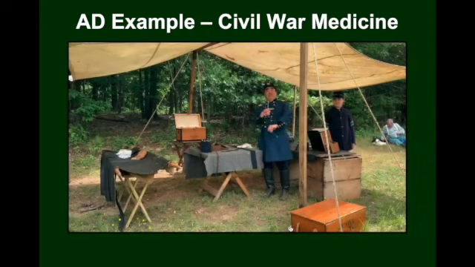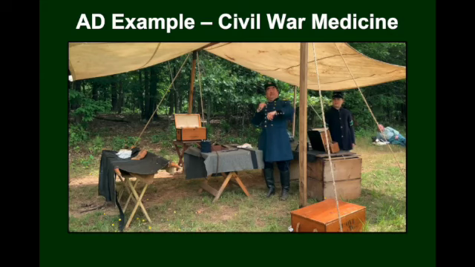So let's say you take a wound to the arm. You would take this Melton's probe, you'd stick it into the wound, and you would feel the trajectory of the bullet until the porcelain tip touched the bullet. And then you'd know you were at the right spot. Then you take the bullet forceps, follow the trajectory of the bullet probe until you got to the bullet or projectile, and you pull it out.